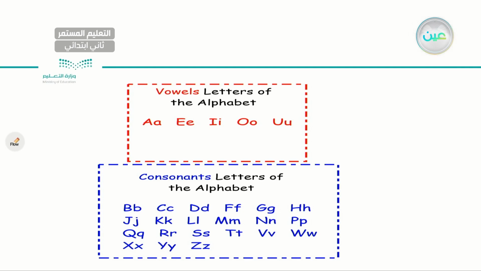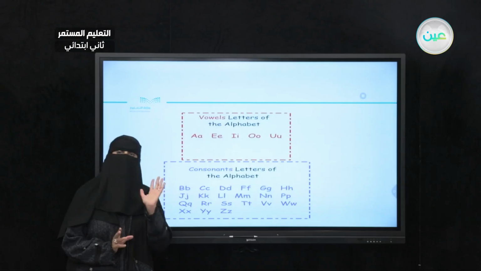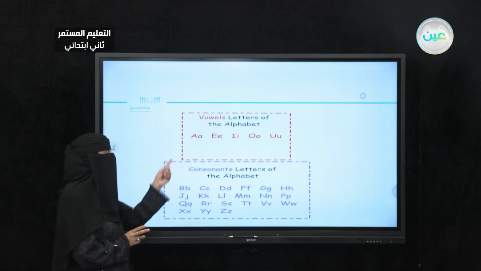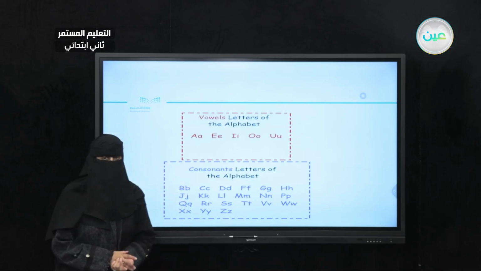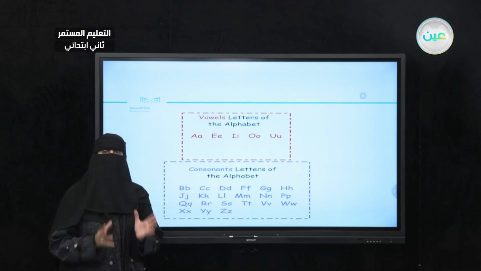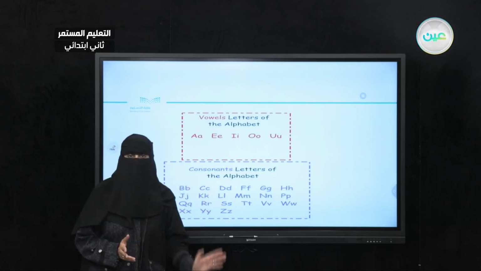They are in blue: B, C, D, F, G, H, J, K, L, M, N, P, Q, R, S, T, V, W, X, Y, and Z. So, as you can see, I have all the alphabet except the 5 red vowels that we have on the top, which are A, E, I, O, and U. So these are the English alphabets, okay? But here we divide them into vowels and consonants.